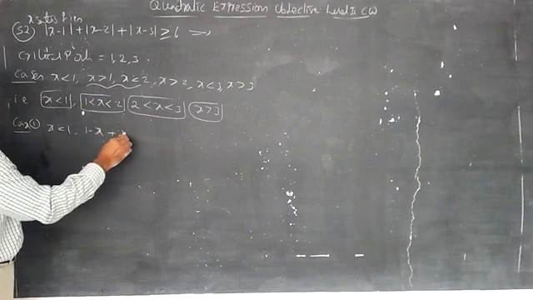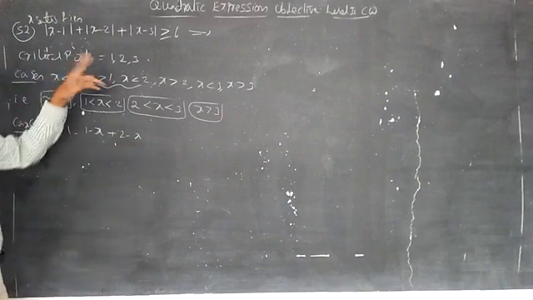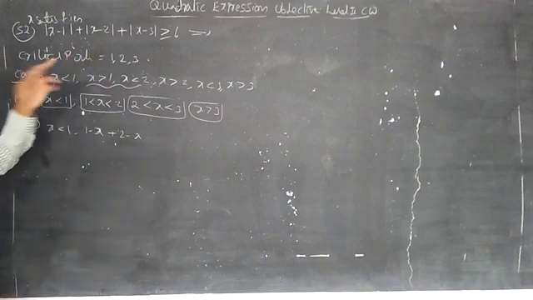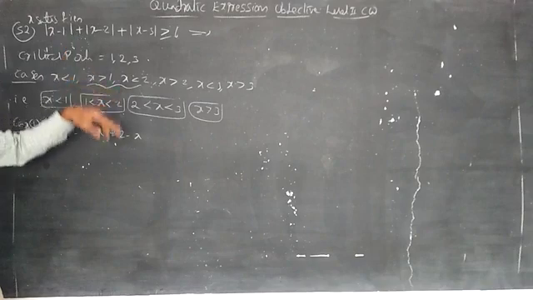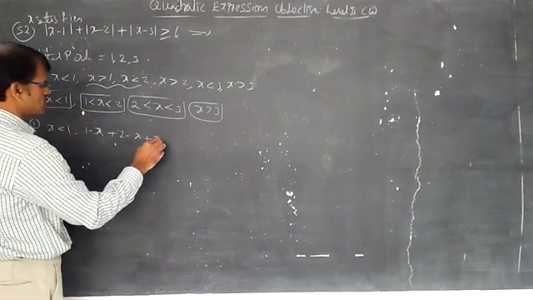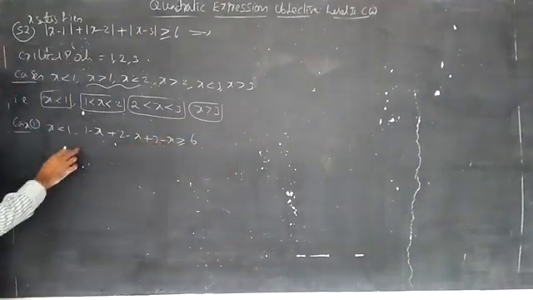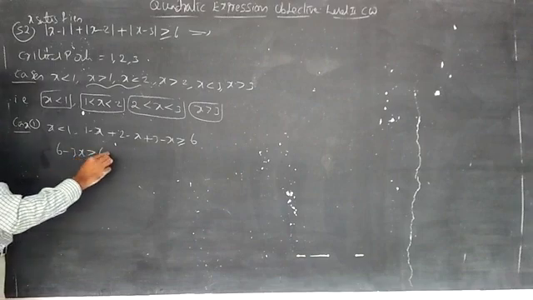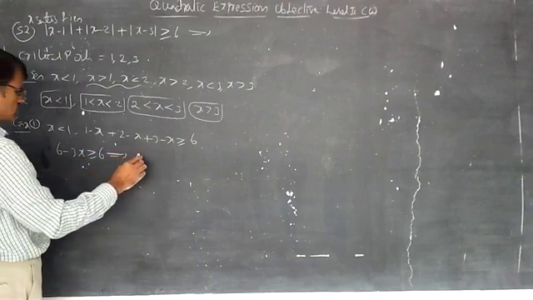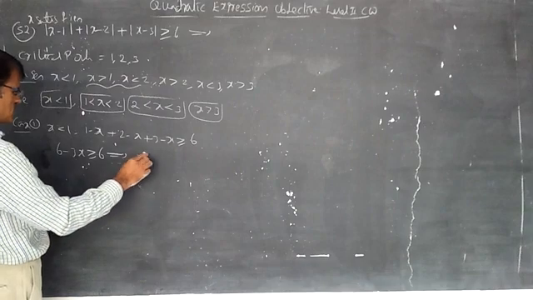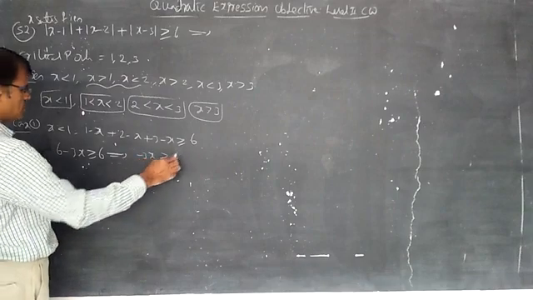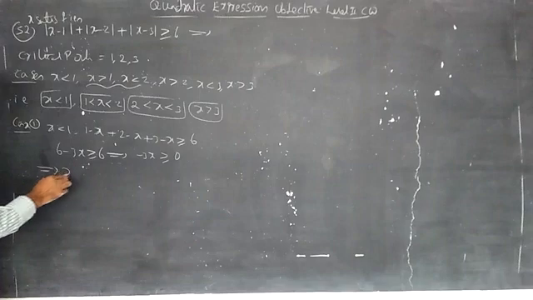For this one also 2 minus x, because all are negative, and this is also negative: 3 minus x. So 1 minus x plus 2 minus x plus 3 minus x greater than or equal to 6. That is 6 minus 3x greater than or equal to 6. That implies minus 3x greater than or equal to 0, so x less than or equal to 0. Keep it aside.